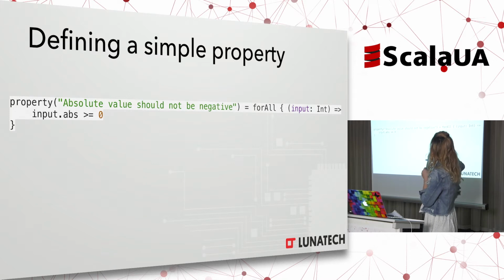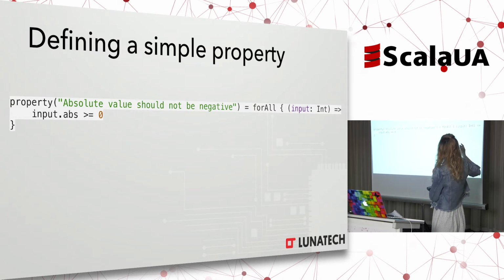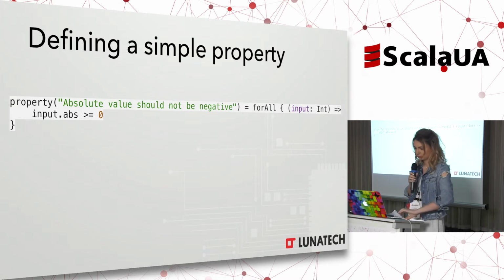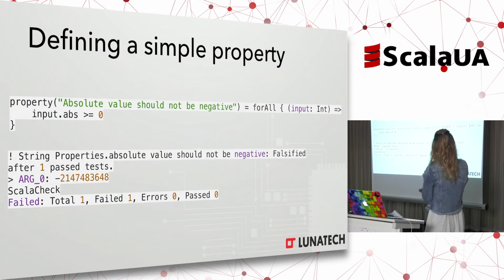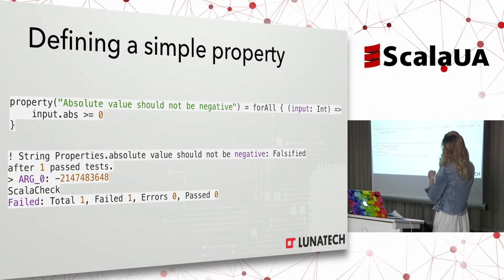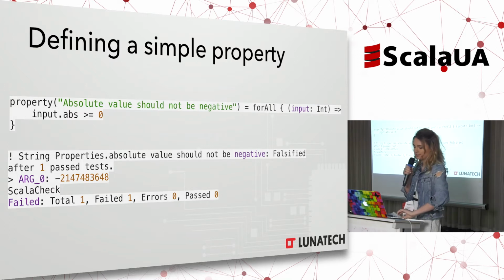So here we define a name so we understand what we are testing, and we want to check that for each integer we'll get the absolute value. So then, if you run the code, we'll see this, and you can see that it failed, and it actually specifies with which exact argument it failed.